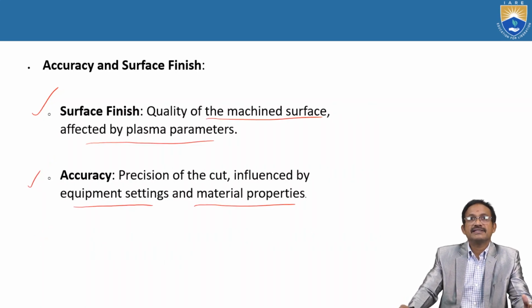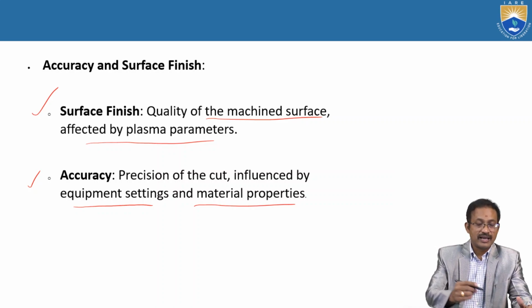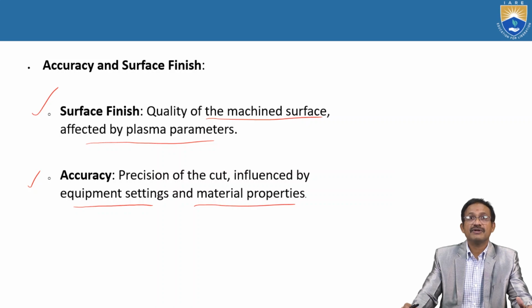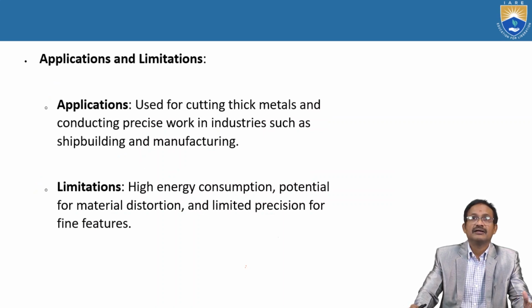Accuracy and surface finish. Surface finish is the quality of the machined surface, affected by the plasma parameters. Accuracy is the precision of the cut, influenced by equipment settings and material properties. Applications: particularly applicable for shipbuilding and manufacturing.